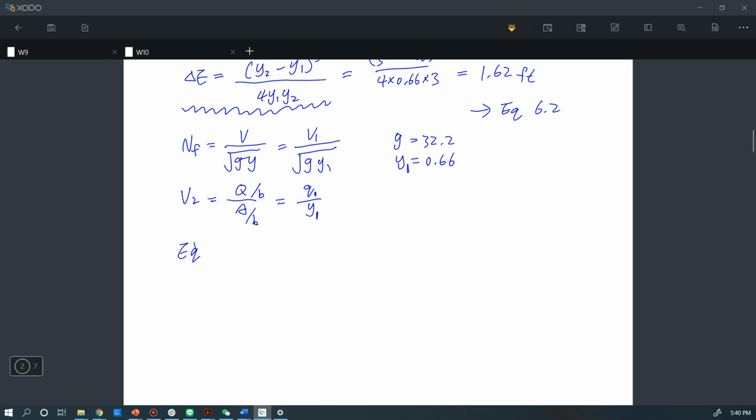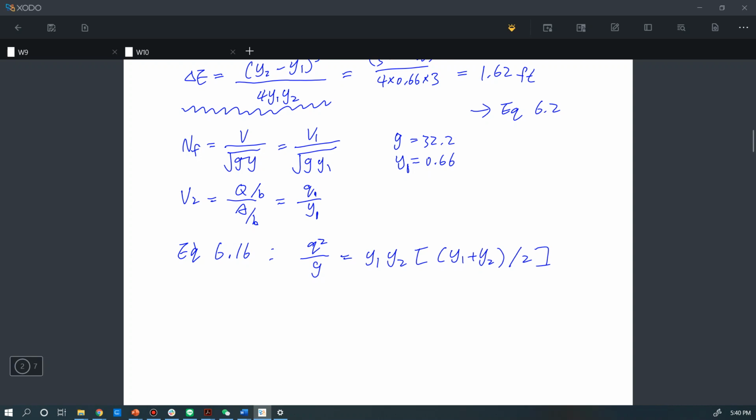You can find it in the textbook, equation 6.16, that we have q squared divided by g equal to y1 times y2 times (y1 plus y2) divided by 2. Okay, we have this relationship.